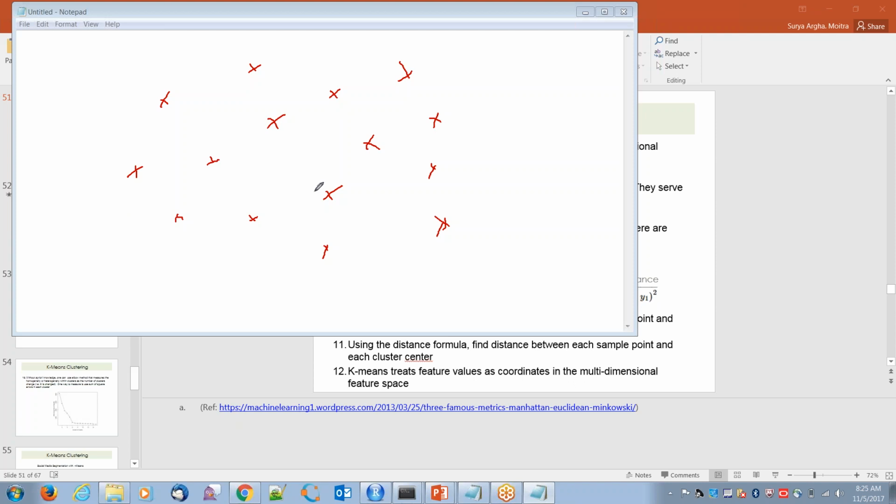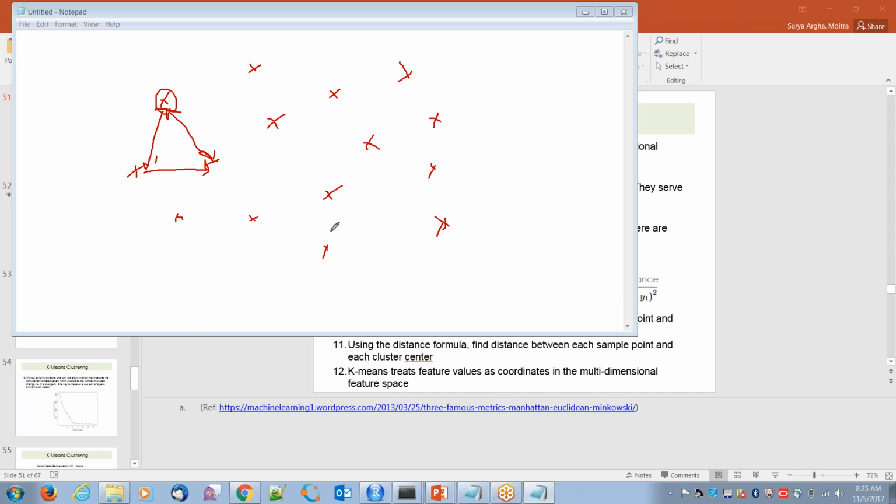Each data point is a cluster, so all of these are individual cluster centers. The next step is that the distance is calculated between each data point and every other. This is a huge process, because the distance of all the data points with respect to each data point needs to be calculated.